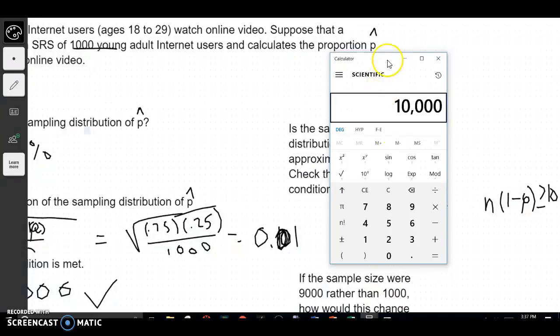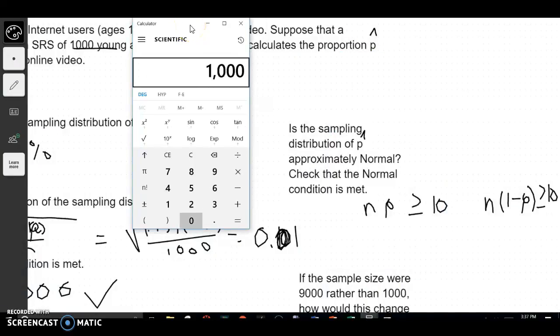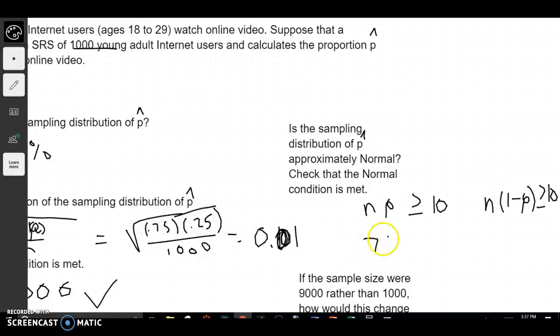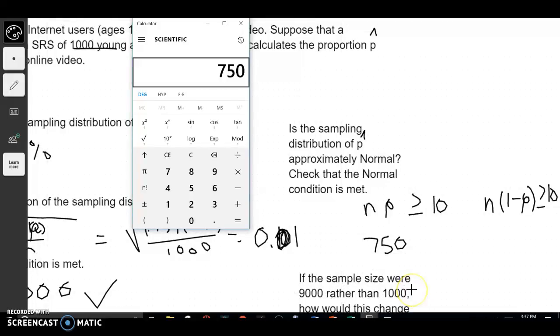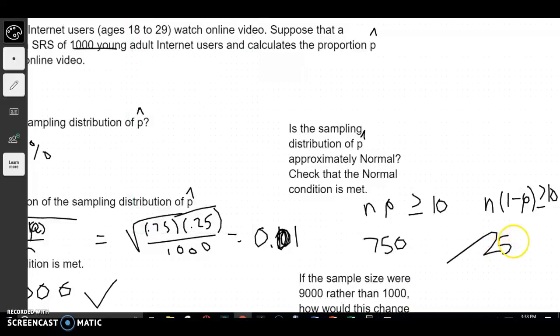So our n for this case is 1,000. That's 0.75, so yep, 750 is bigger. Same thing for this, 1,000 times 0.25 is 250, and that's definitely bigger than 10. So we're good in both these cases.